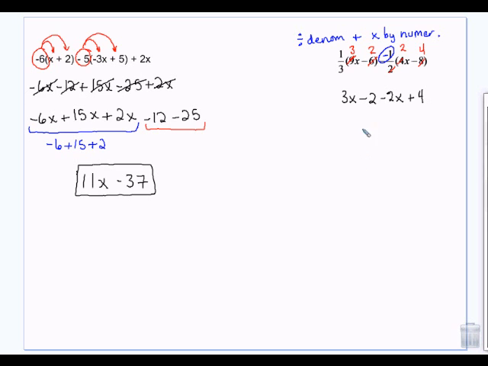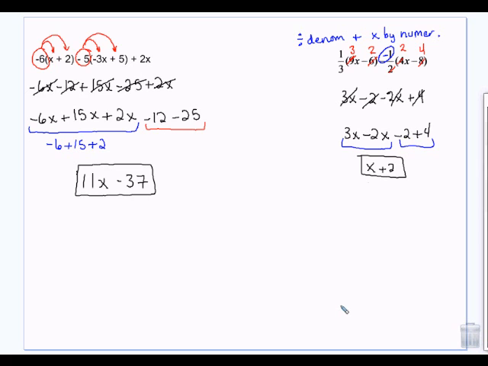Good? Then I have 3x minus 2x and negative 2 plus 4. So the 3x minus the 2x is going to give me an x. And the negative 2 plus 4 is going to give me 2, so x plus 2.